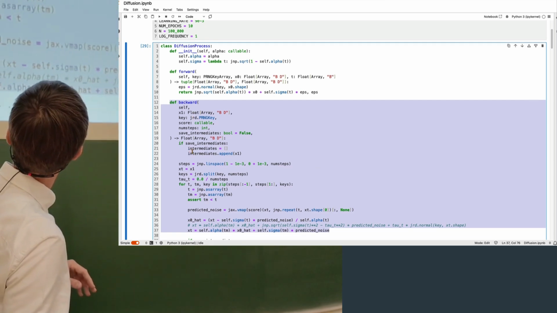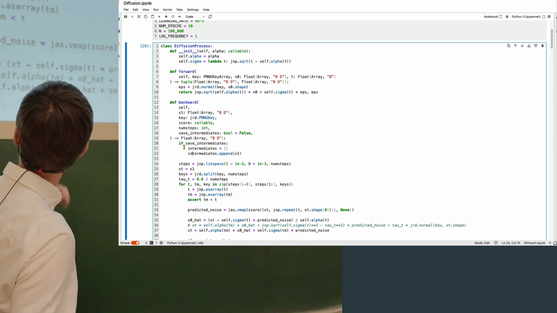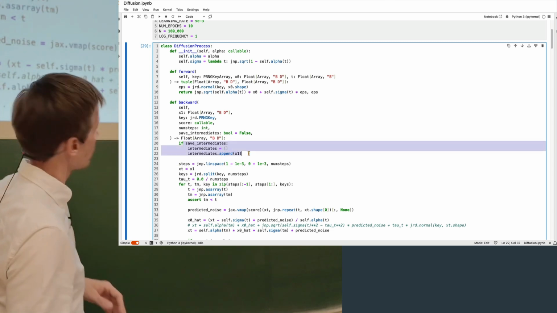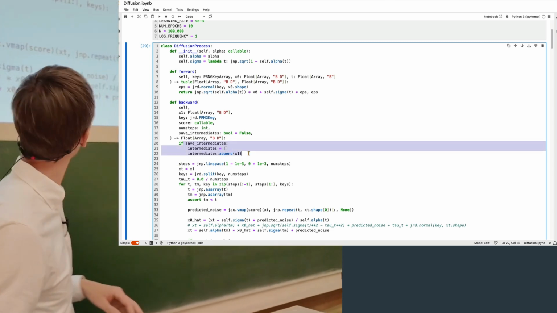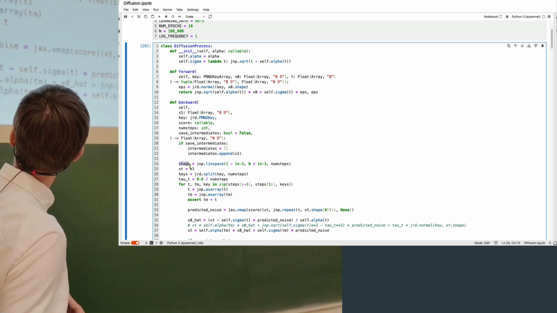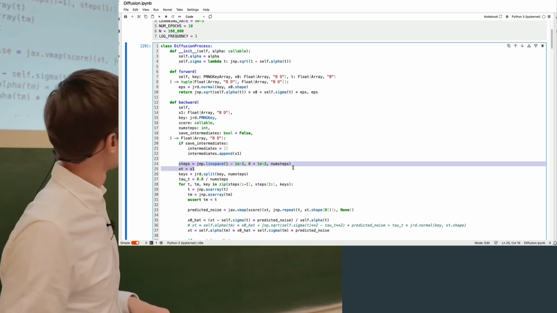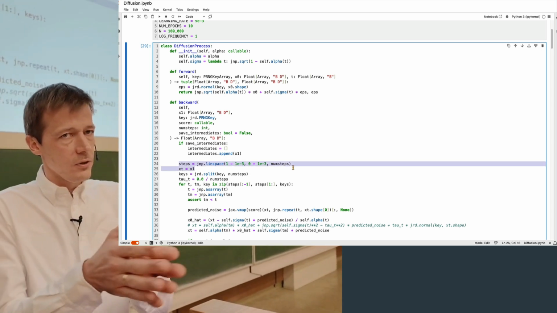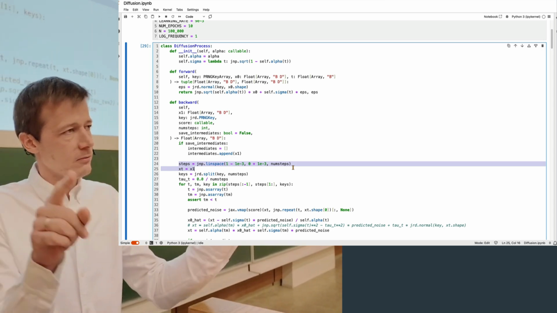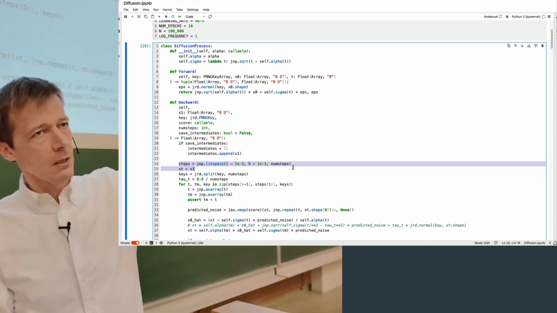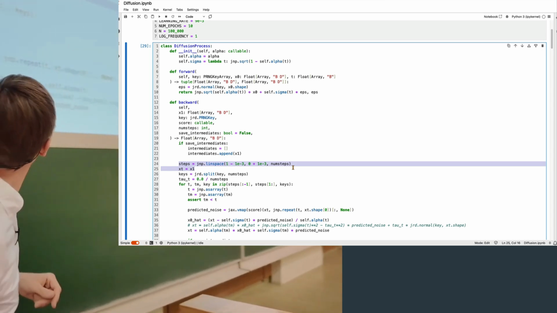It's a lot of code, but the main thing to see here is, okay, this is just storage so that we can make a plot afterwards. That's not important. What we do is we discretize the space, and you tell me as a user how many steps you want to take to go back from the Gaussian distribution to the original distribution.